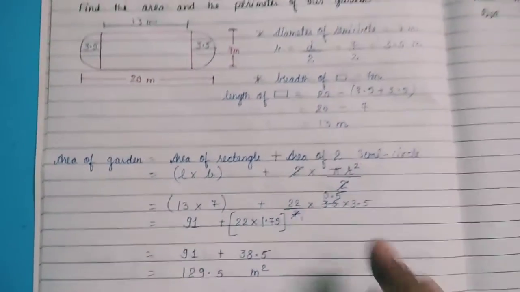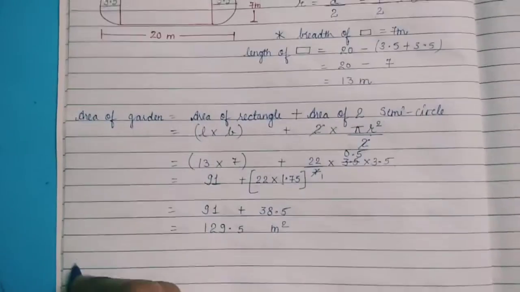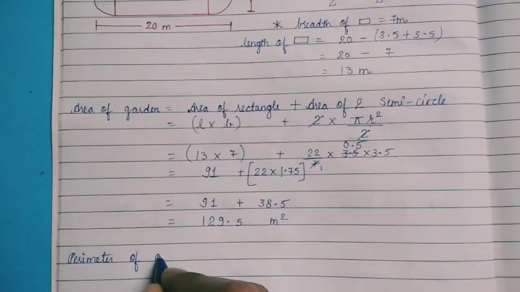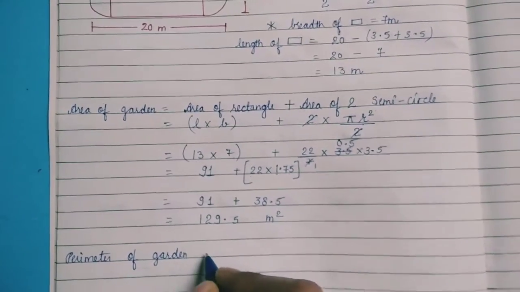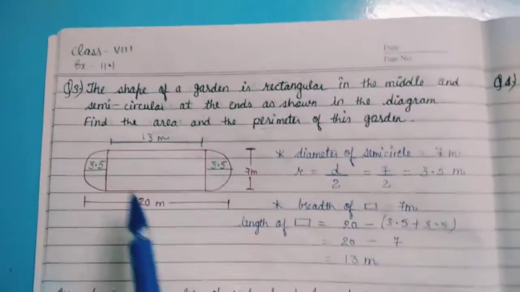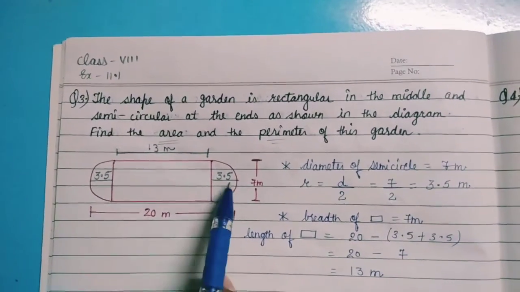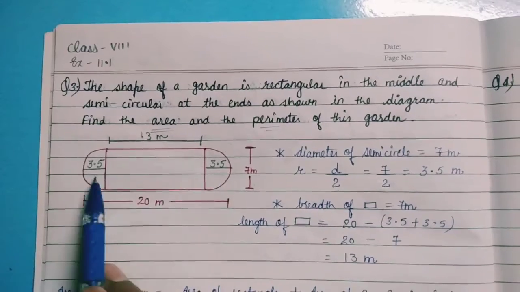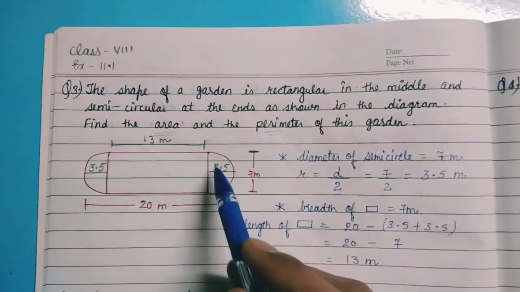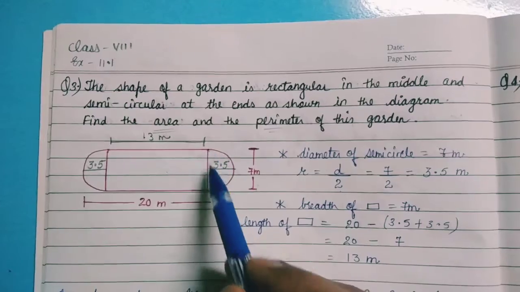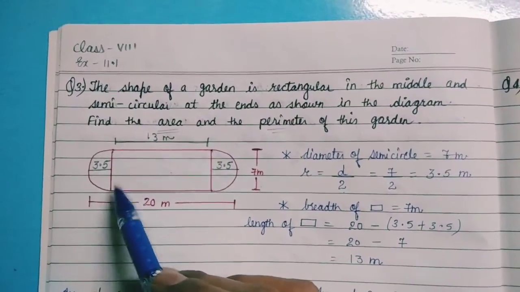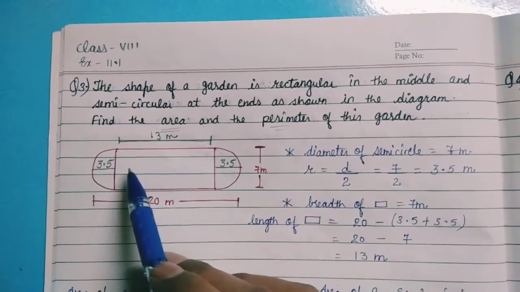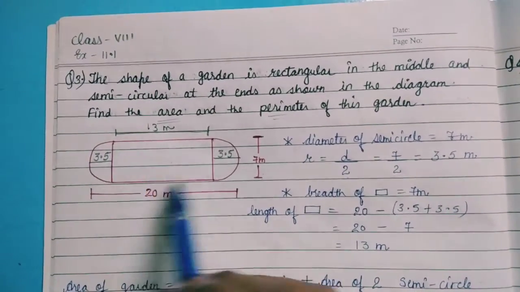Now we need to only see the perimeter. So the perimeter of the garden is, here you can see, if we take the separate perimeter of each semicircle and the rectangle, at that time we are adding this 7 meter 2 times, one time in the semicircle and one time in the rectangle.